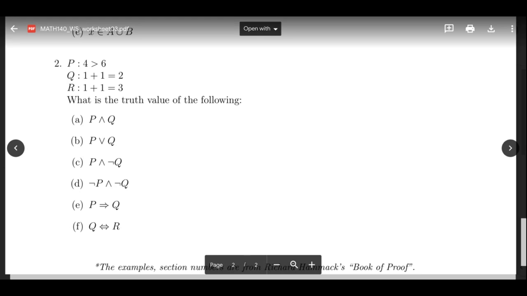Let's check. P is false, Q is true, and P or Q is true, right? Do you see why it's true? If it's P and Q, that would be false. But P or Q means as long as one of them is true, P or Q is true. Do you see the mistake you made? Oh, okay. All right. Great.